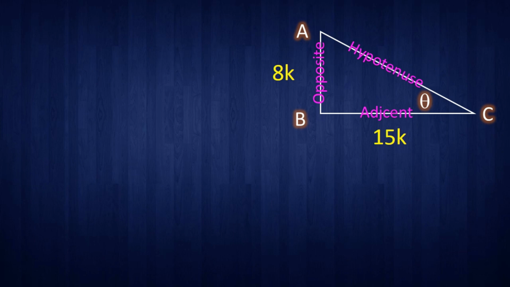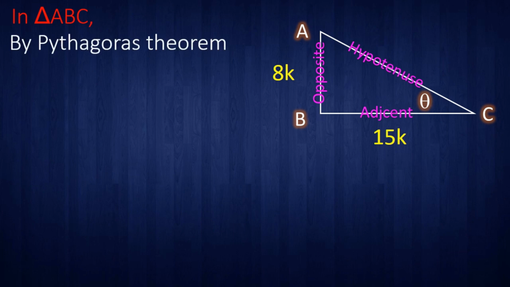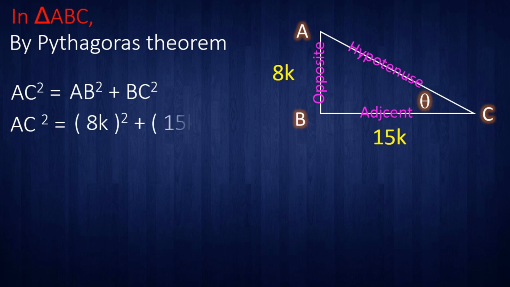In triangle ABC, by Pythagoras theorem, hypotenuse is what? AC. So AC square is equal to remaining sides AB square plus BC square. Now values, AC we have to find. AB is 8K, so 8K square plus 15K square is BC. 8K square is 64K square and 15K square is 225K square.